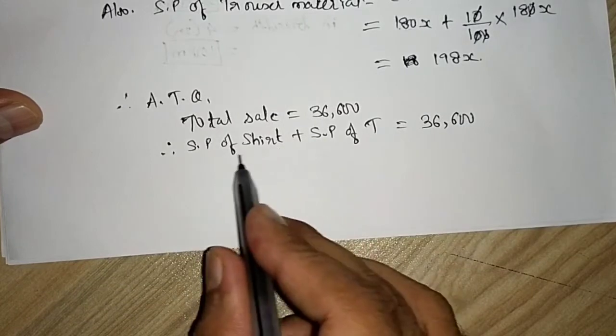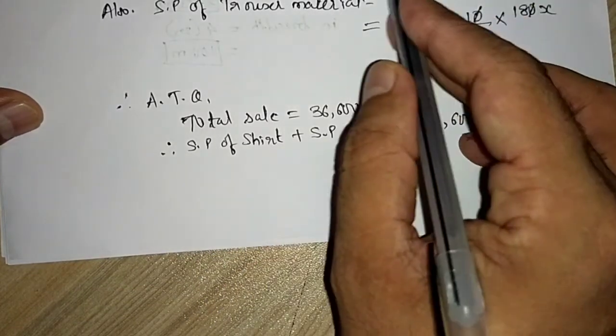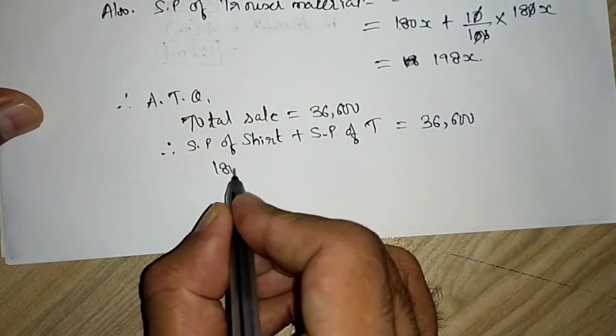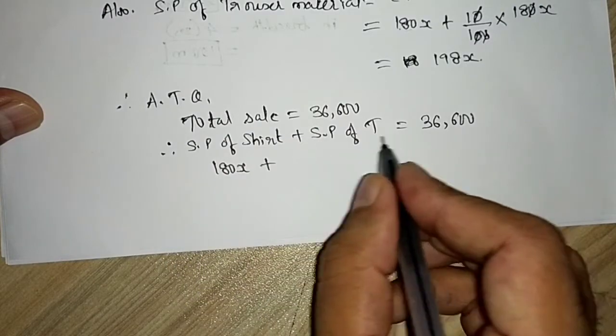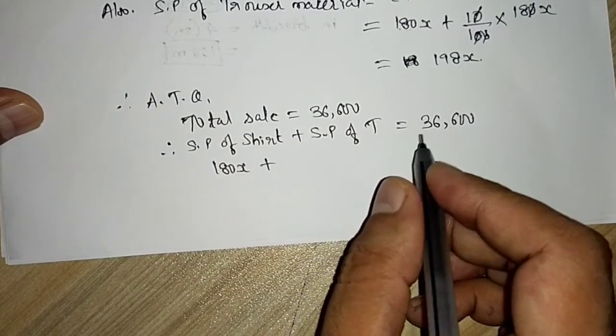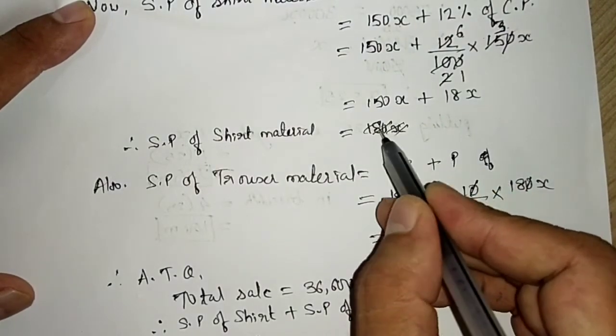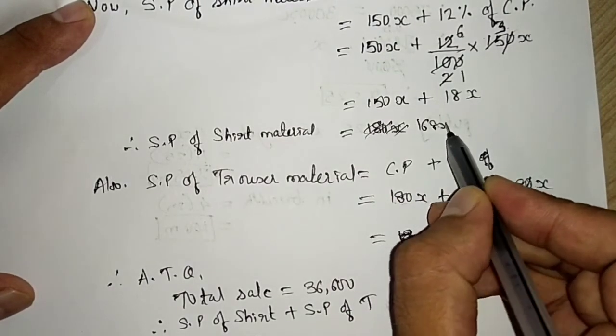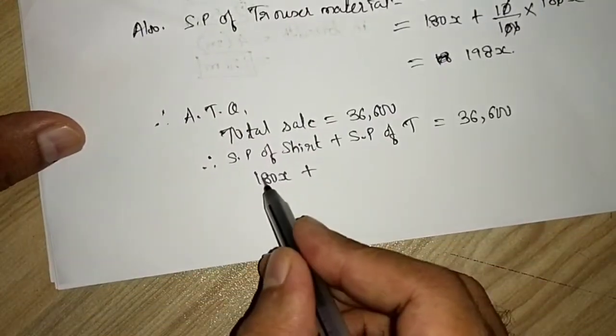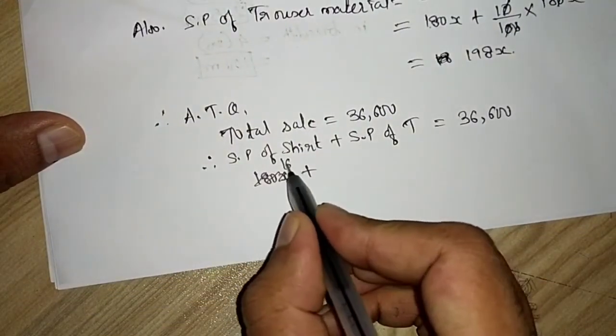And what is the selling price of shirts, students? We have taken it as 180x plus selling price of trouser. Sorry students, I have made one error over here. Here it is 168x. So it was my mistake.